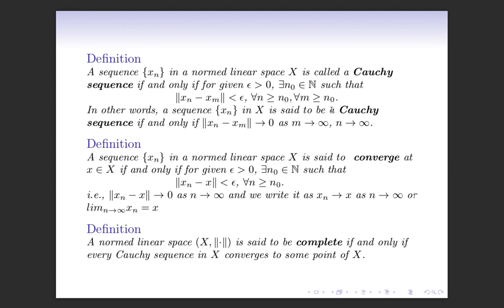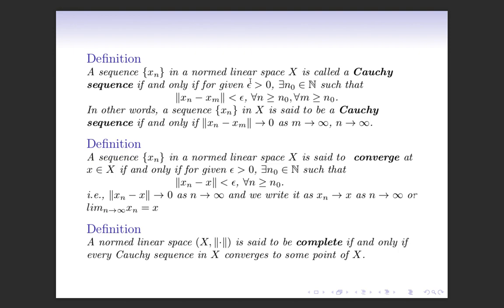As we know, in a metric space, a sequence xn is said to be a Cauchy sequence if for given epsilon greater than 0 there exists n naught in capital N such that d of xn comma xm is strictly less than epsilon.